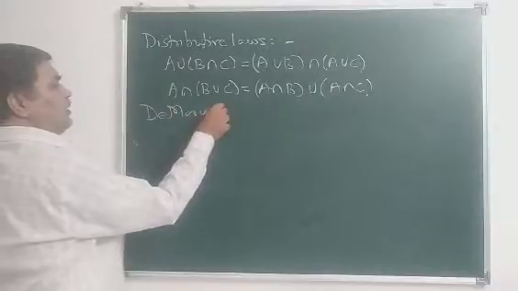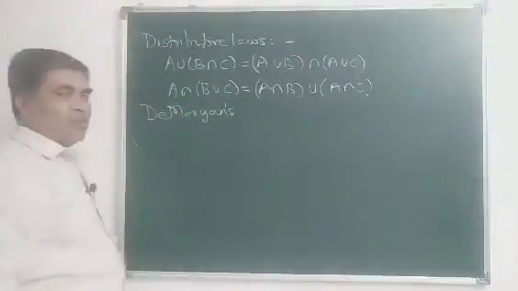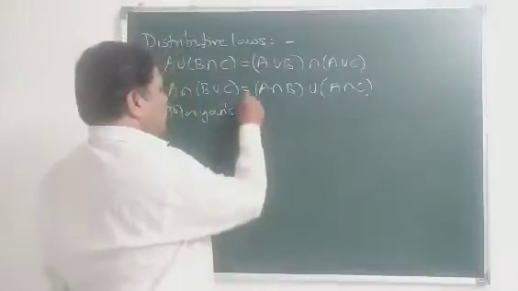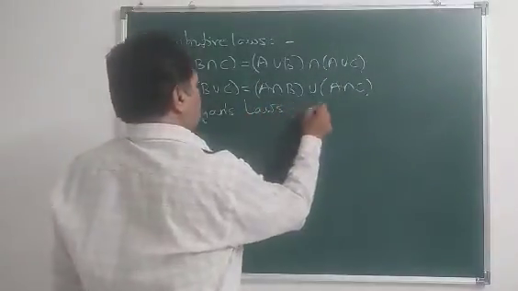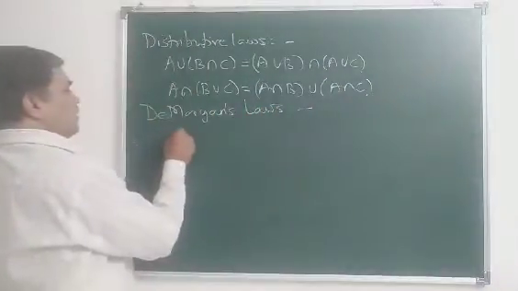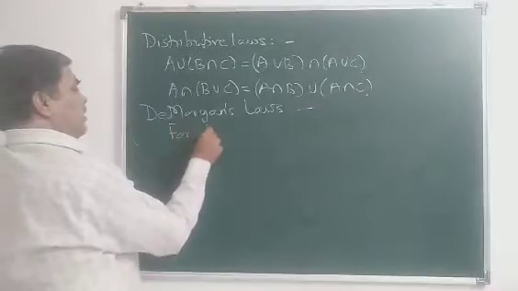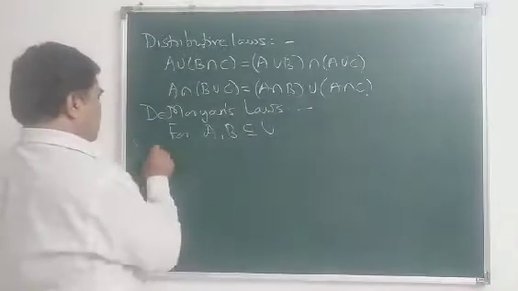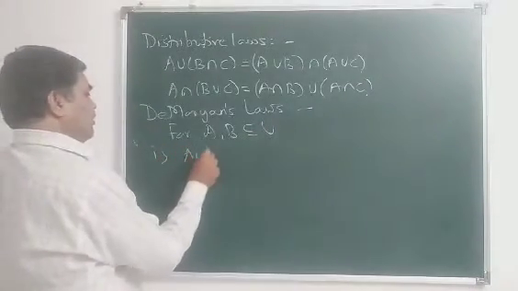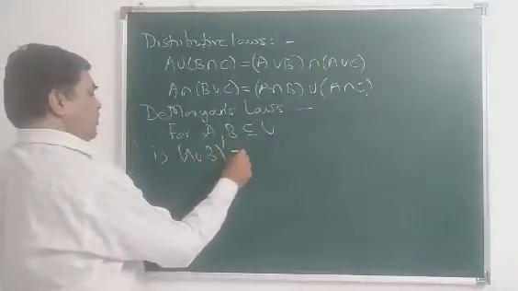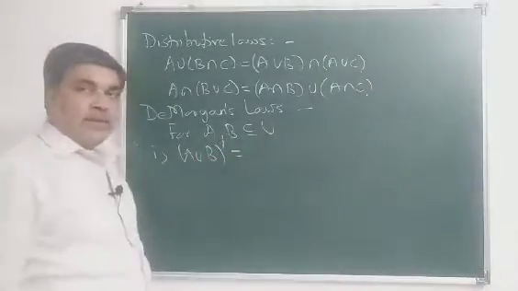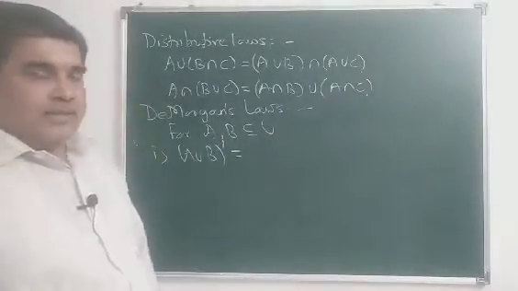De Morgan's laws. Just by using Venn diagrams you can verify these laws; these equalities hold there. De Morgan's laws for A, B subsets of, say, the universal set U: first, A union B its complement, so the complement of a union is equal to the intersection of their complements.